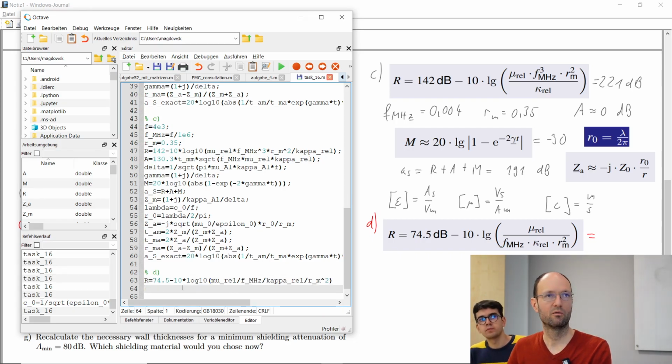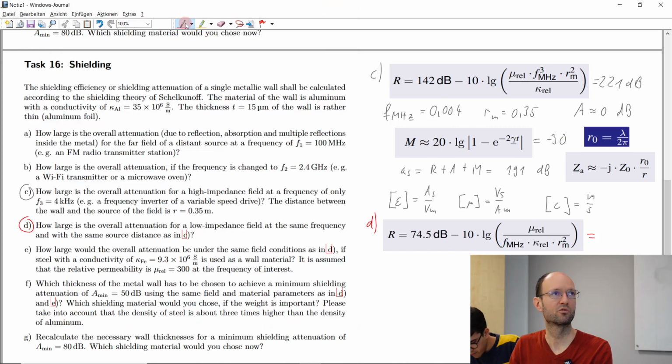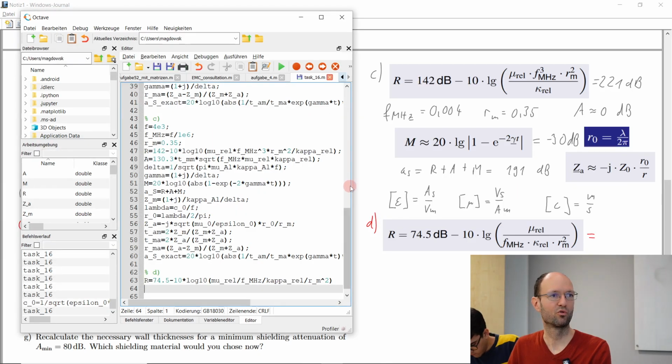And so this should be our reflection loss. If we check the formula for the absorption loss, nothing should change. If we check the formula for the multiple reflections, also nothing should change. I should maybe add the minus 30 and the unit dB here, even if it's just a pseudo unit.